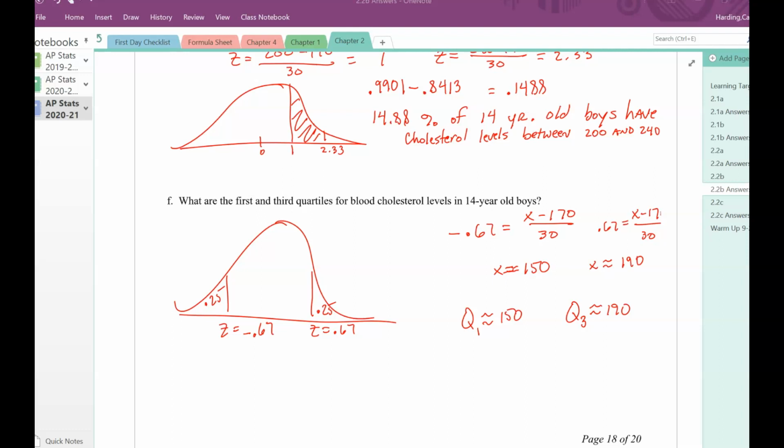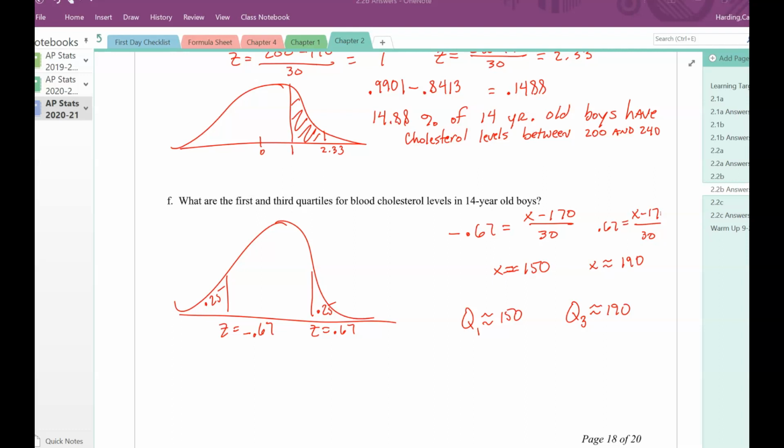Because this is symmetric, that means the third quartile, which marks off the top 25%, would have a z-score of positive 0.67. So then I need to work backwards from negative 0.67 and positive 0.67 to find the actual cholesterol values that correspond to those quartiles.